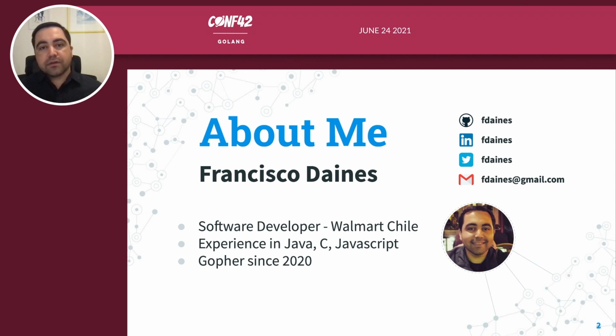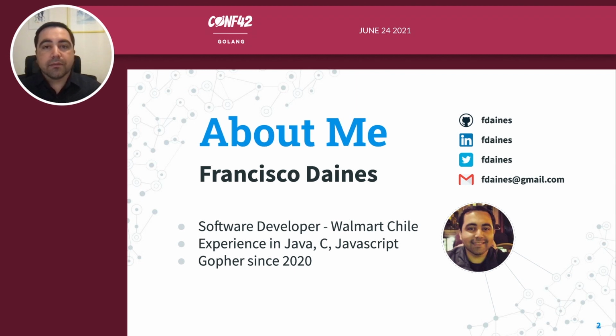Since last year, I'm working with Golang, and today I consider myself a gopher because I'm really impressed about its simplicity. You can find me in social media with the user fdaines, in GitHub, LinkedIn, Twitter, and of course, you got my email.